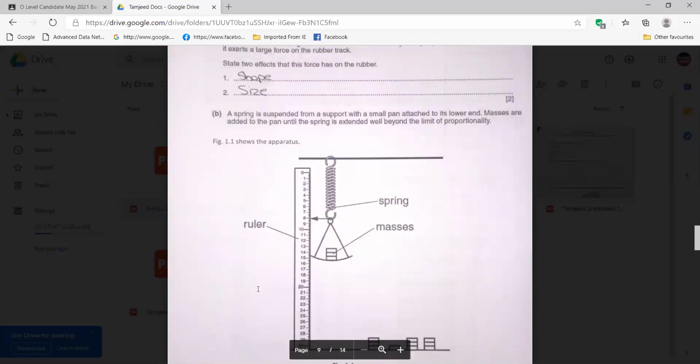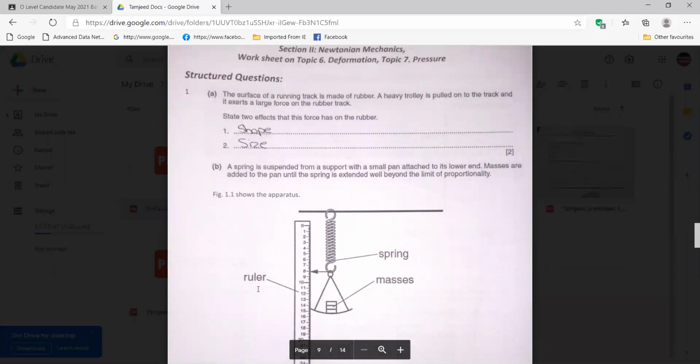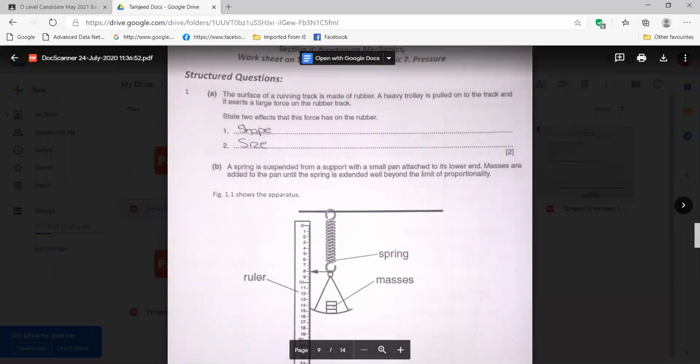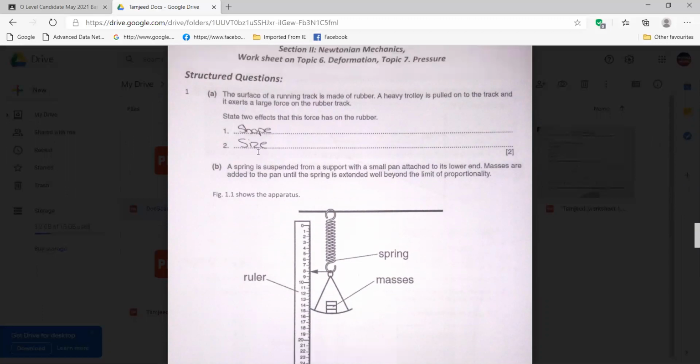Here you write change in shape. Okay. They say two effects, so change in shape, change in size. When you are writing size, in bracket you can give volume.